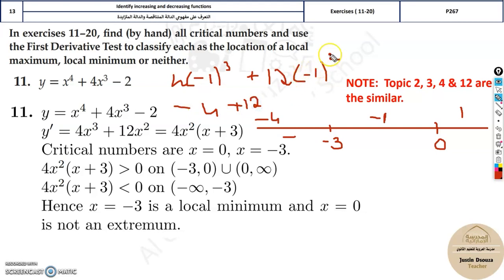Why? Because this will be positive and this remains. When it's an odd power, the negative sign remains, whereas with an even power, it will diminish. Minus into minus will be plus, whereas one more negative will make it negative.